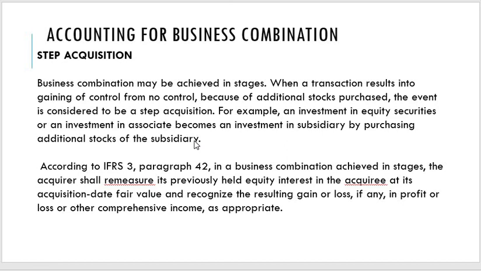So, diba, if you purchase more than 20%, may significant influence, so you'll use equity method, yung investment in associate, diba? So, pag more than 50% na, no? If you purchase more than 50%, then that becomes a subsidiary, no? So you'll use na IFRS 3, which is accounting for business combination.